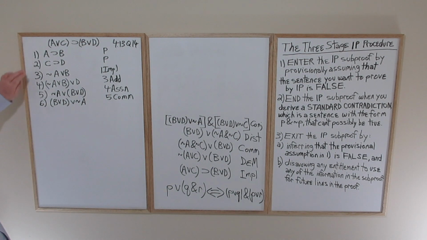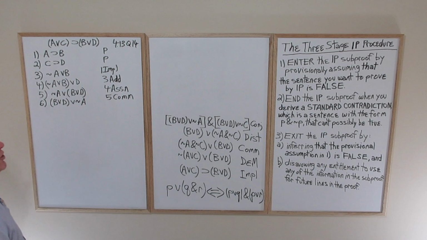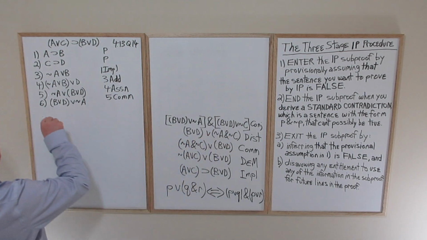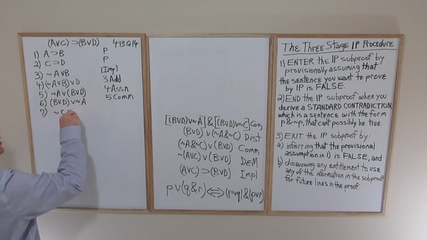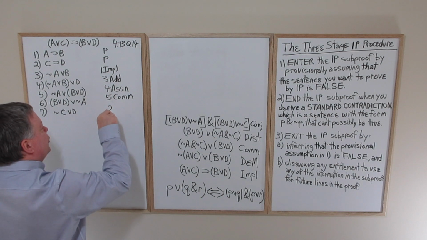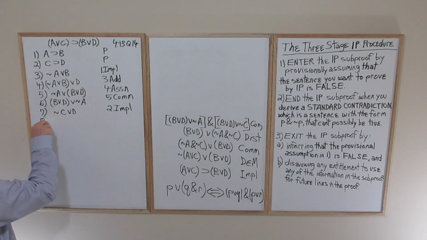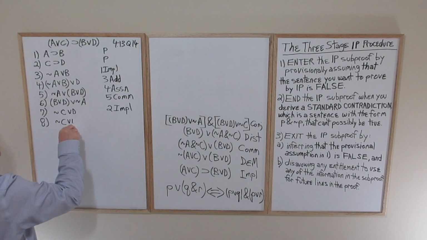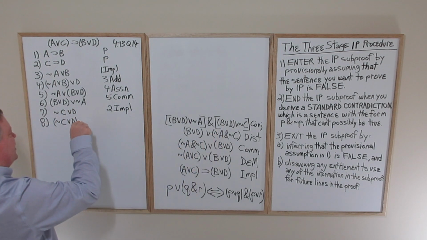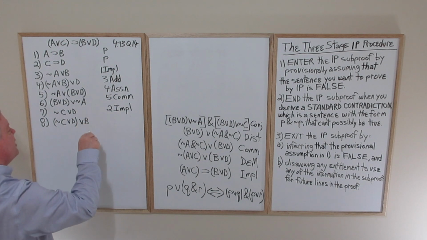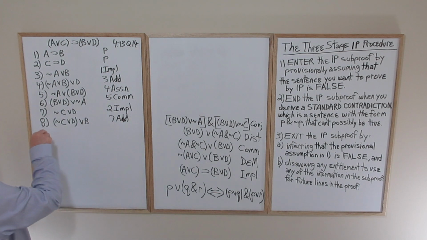Now we'll focus on the second premise and the task of getting this disjunction, which is the right conjunct. So again, tilde C or D is going to be 2 implication. Now, tilde C or D, and we want to introduce B-related information here, so B or D is going to be 7 addition.